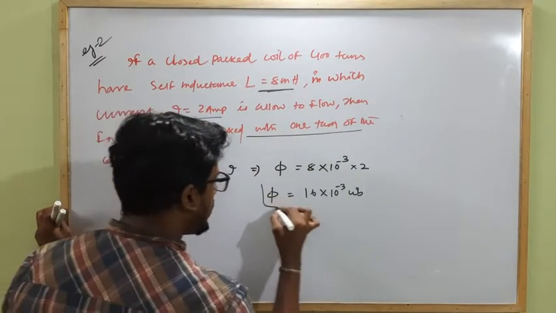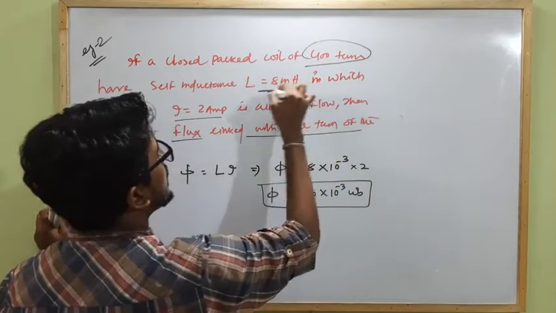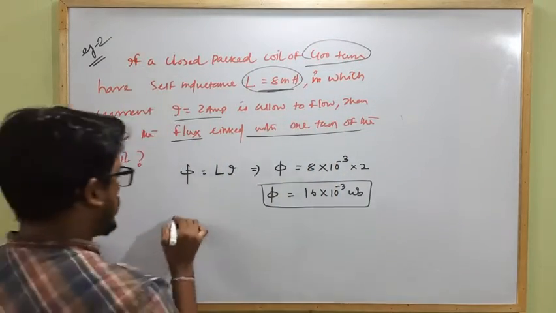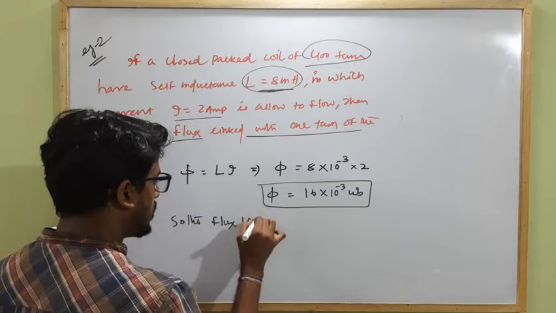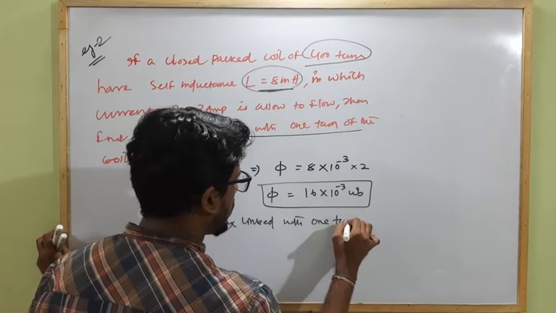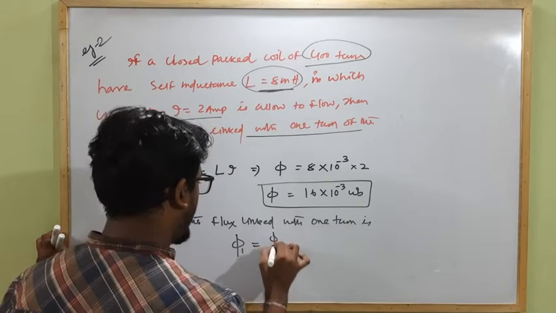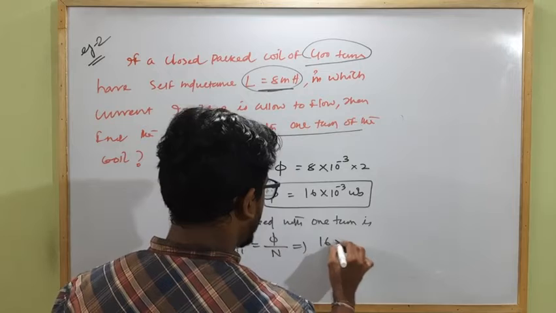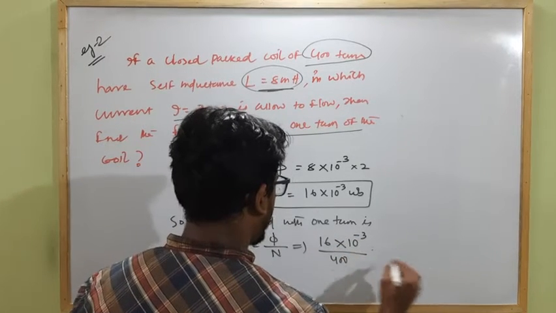So this will be the flux linked with 400 turns of the coil, because 8 millihenry is the self-inductance of the complete coil. So the flux linked with 1 turn, phi 1, will be equal to how much? Phi divided by total number of turns. So this implies 16 into 10 to the minus 3 divided by 400.